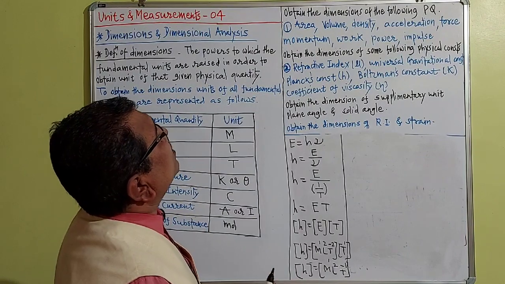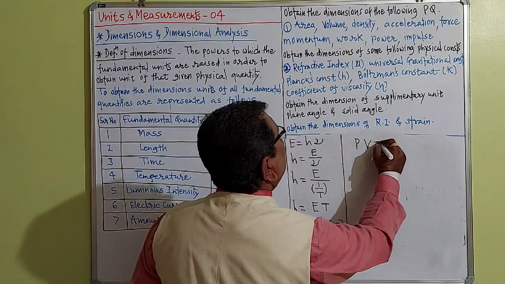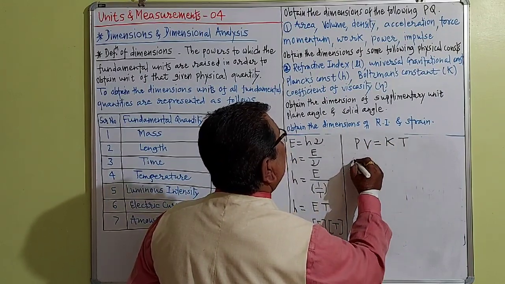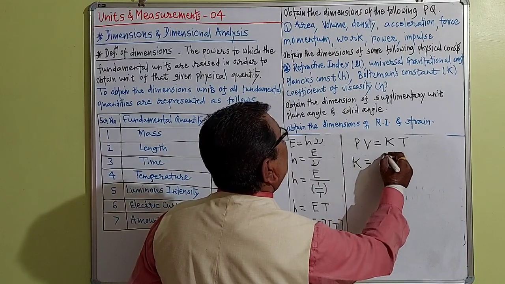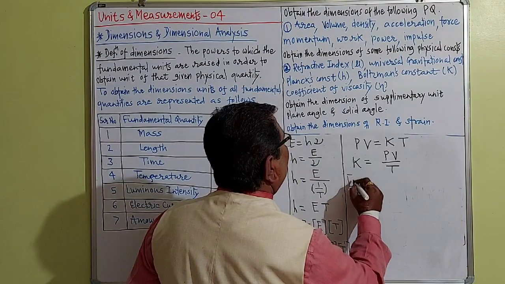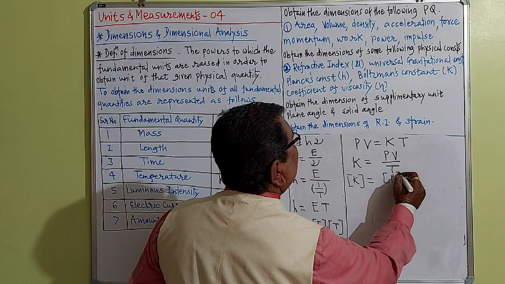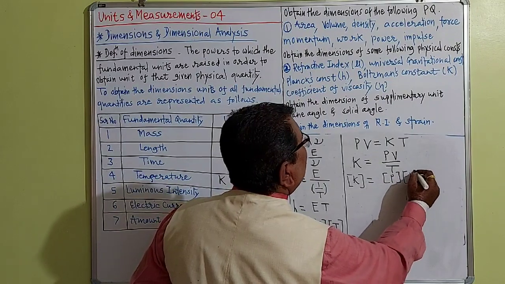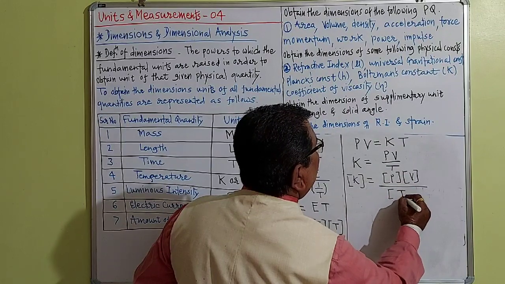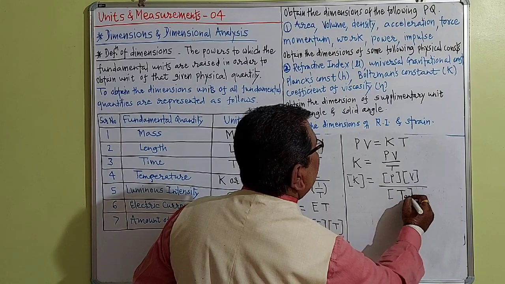Then the Boltzmann constant. For that purpose PV is equal to KT. So K is the Boltzmann constant, so K is equal to PV upon T. Put the dimension on both the sides. Dimension of K is equal to dimension of P into dimension of V upon dimension of temperature, sorry, not time, this is temperature.